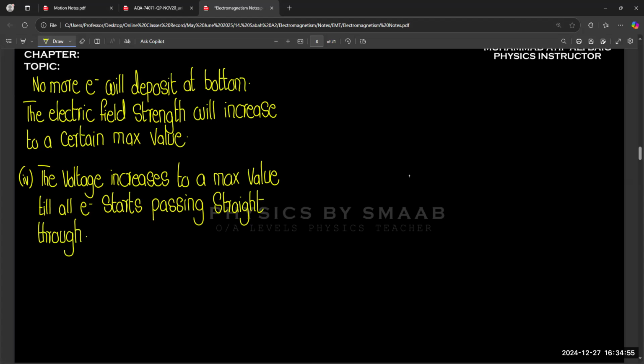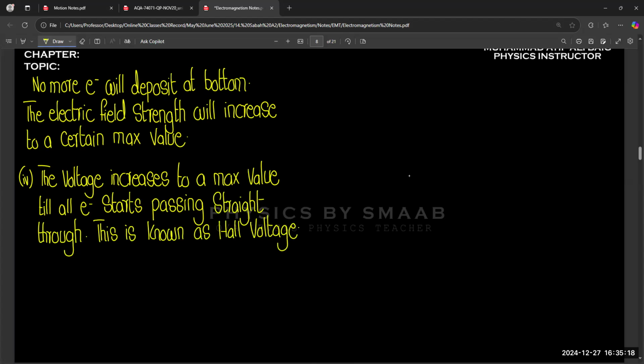So this is known as the Hall voltage. So this is the concept of the Hall voltage.